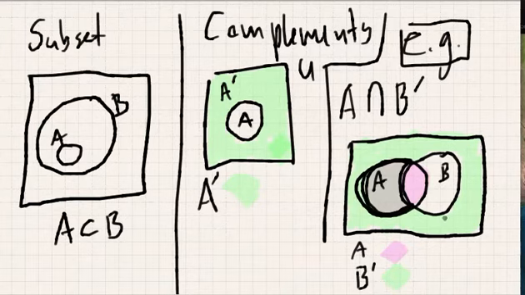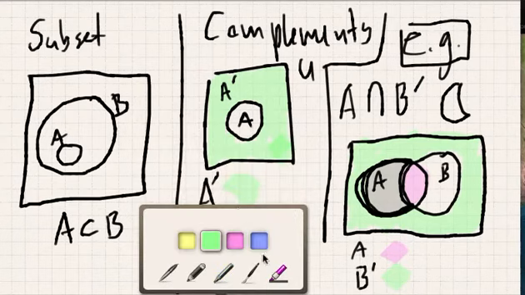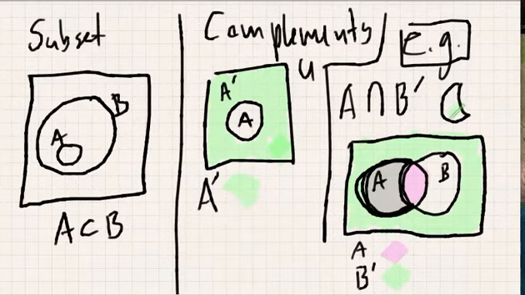That's what it is. It's the sort of Pac-Man shape. So it ends up being this Pac-Man shape that ended up being shaded in this lovely greeny, pinky, gray color. Nice. That's what A cap B prime is. Okay.